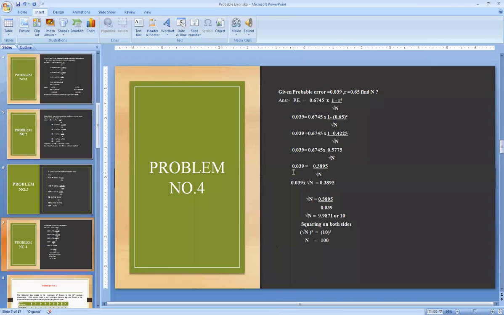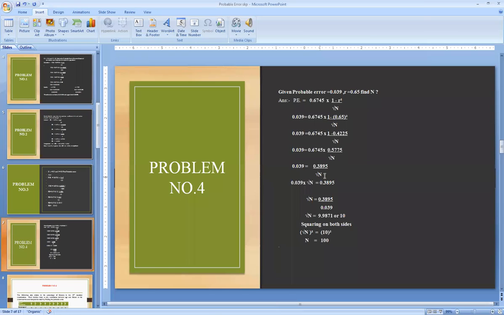And the next is 0.039 equals, here we multiply both values, that is 0.6745 into 0.5775, because there is no denominator value, after multiplying we get 0.3895 divided by root n.